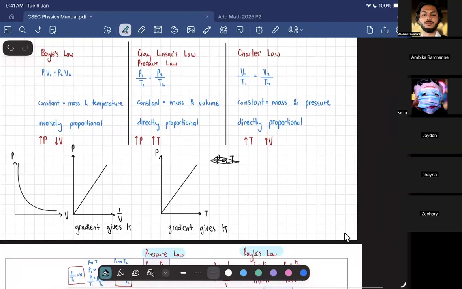Awesome. On to the last graph that I need to know. This is volume and this is temperature. Since it's directly proportional, volume and temperature, what would this graph be?